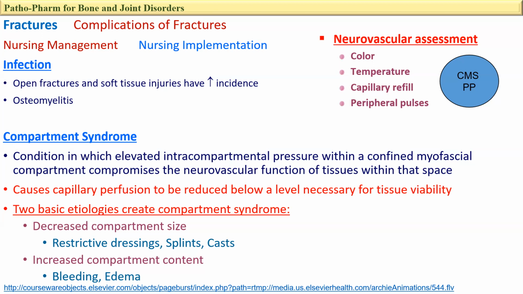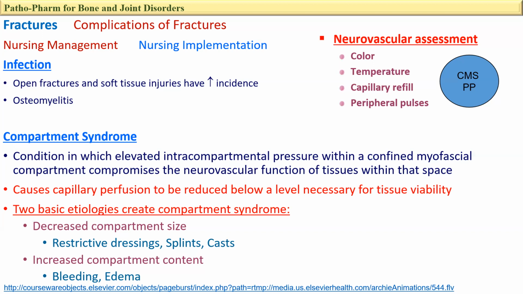from the slides and the textbook as well. This is the most critical condition, and it can be prevented to a high extent by nurses, because that's based on the assessment. When there is increased circumferential pressure, around the lower extremity, around the upper extremity, or even around the chest, it can result in decreased perfusion to the affected part.